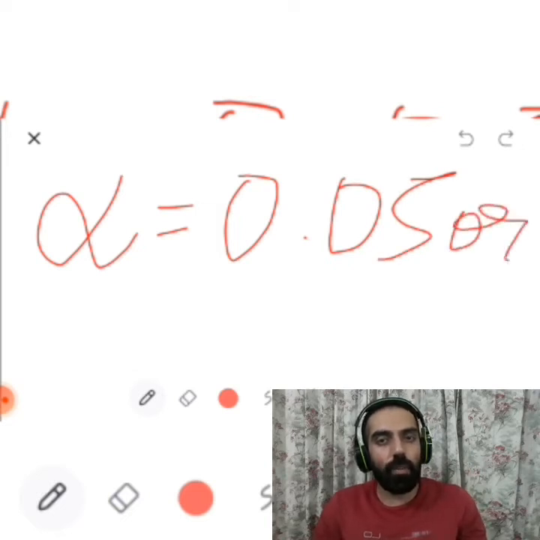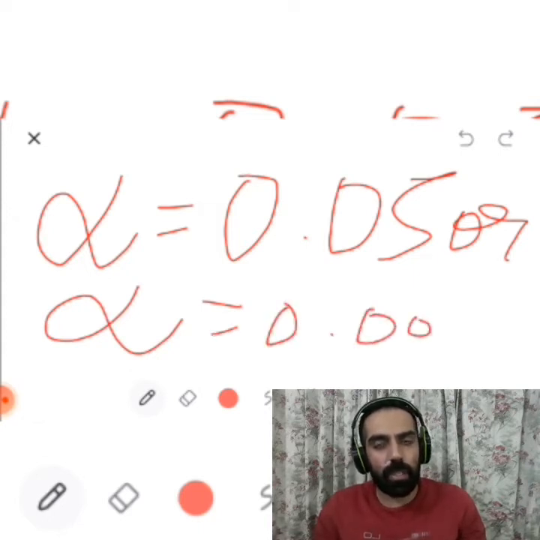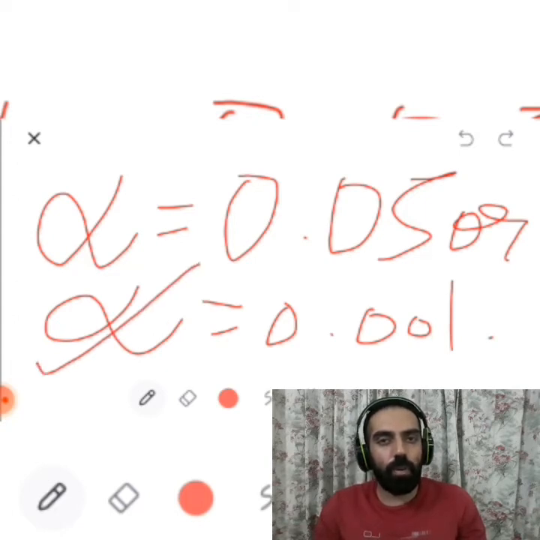And what exactly is the alpha? The alpha is the level of significance that you set for the study. Whenever you set an alpha level at 0.05, which is a standard level for multiple studies, that alpha level denotes the kind of statistical significance that we are after.